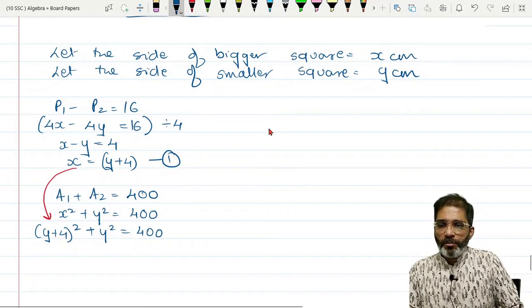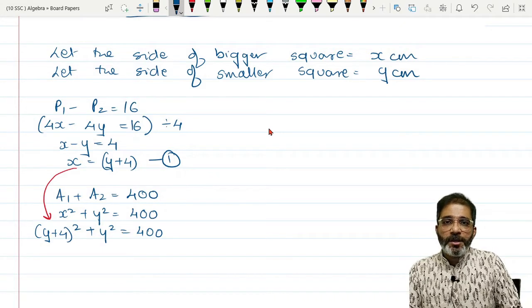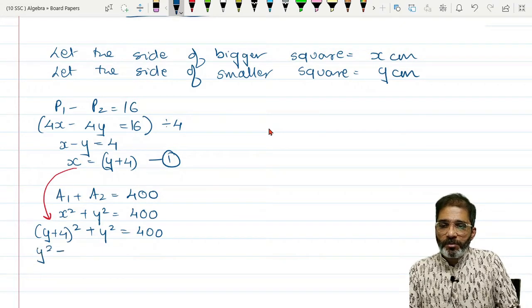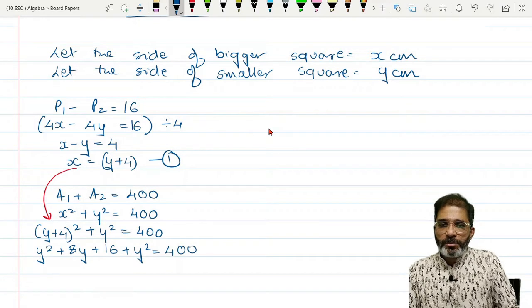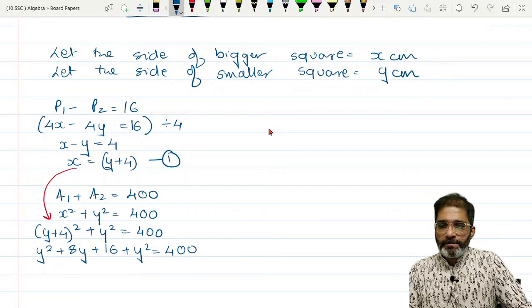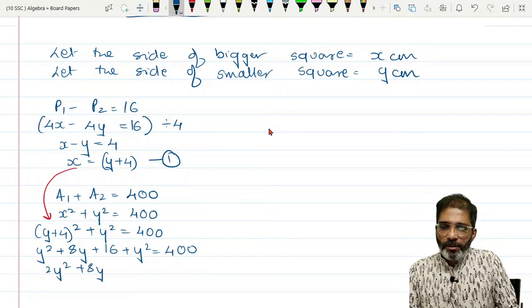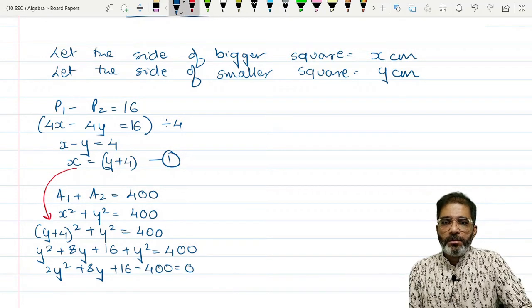Now you have to open the bracket by using the identity (a plus b) whole square. So that is y square plus 8y plus 16 plus y square equals 400. So it will be 2y square plus 8y plus 16 minus 400 equal to 0.